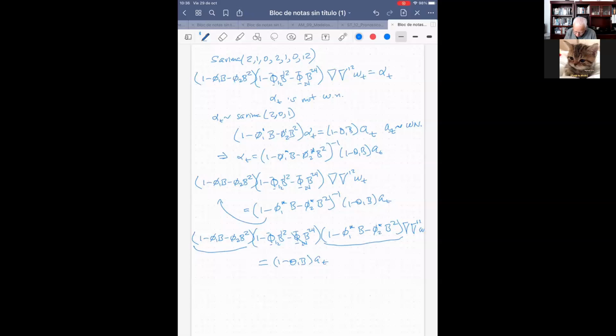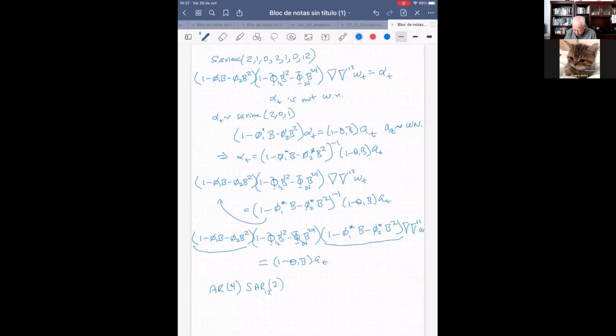I'm going to abuse the notation here and say this looks like an AR4, because I have a power of 2 and a power of 2, that will give me a power of 4. And then on the seasonal part, I'm going to put a seasonal AR of order 2 with seasonality 12.